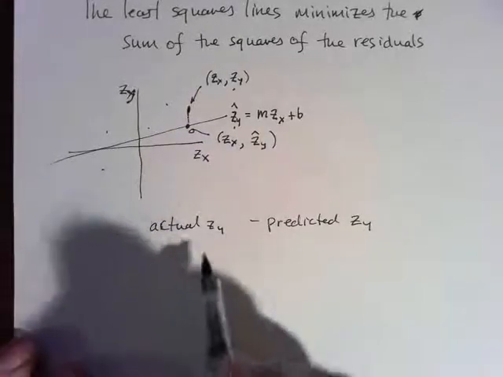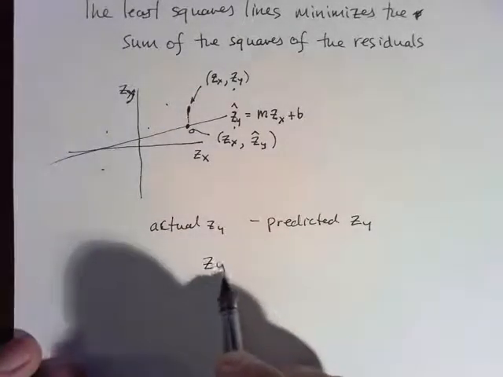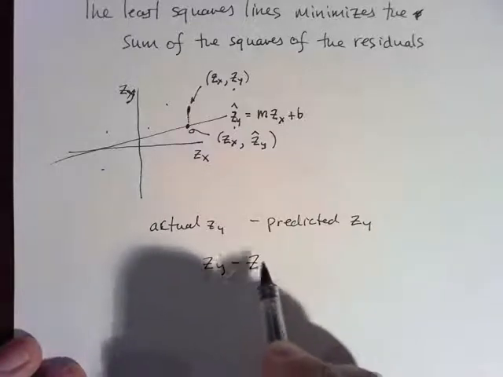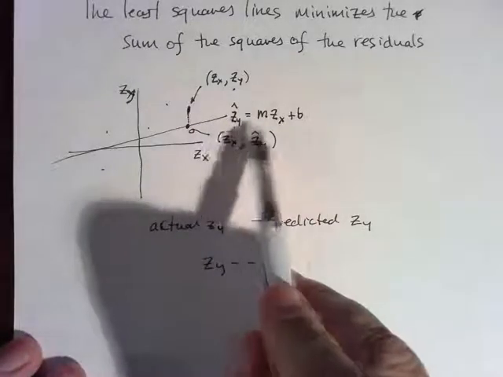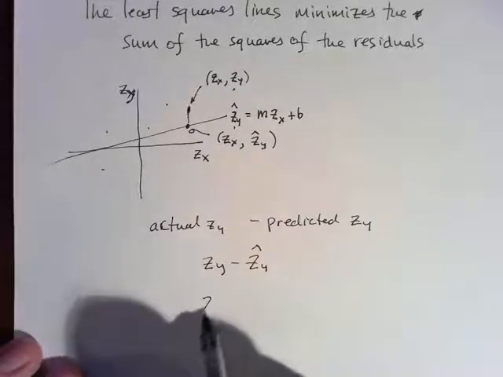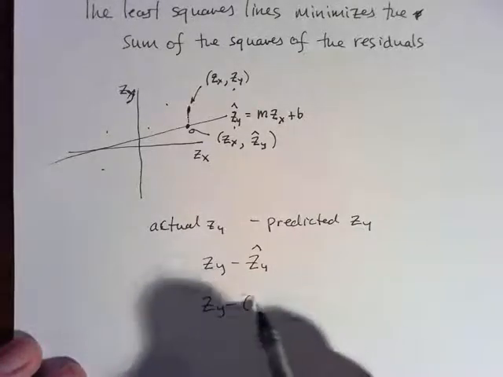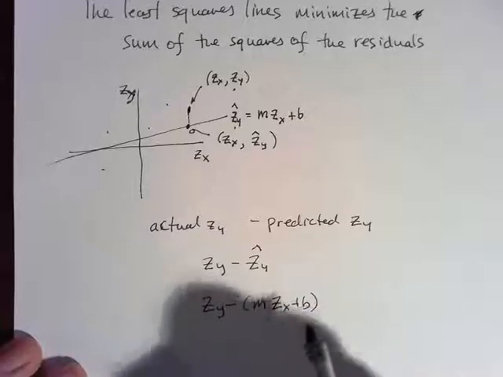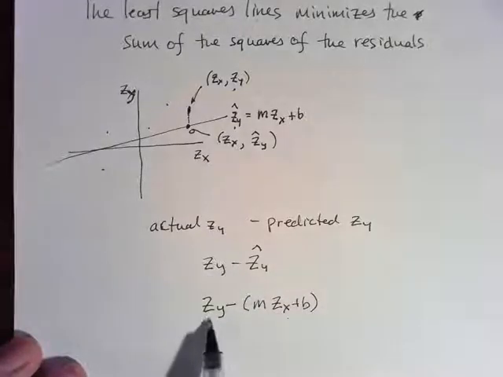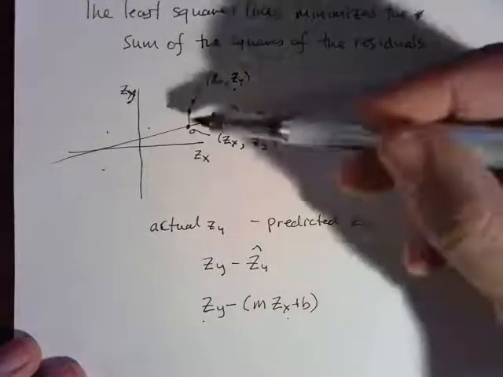And so this is zy minus zy hat. And since we're going to be using a line here to do our predictions, this is going to be m zx plus b subtracted here. So this is one of the residuals.